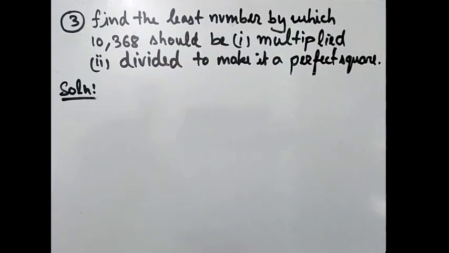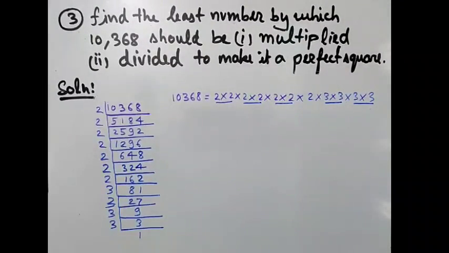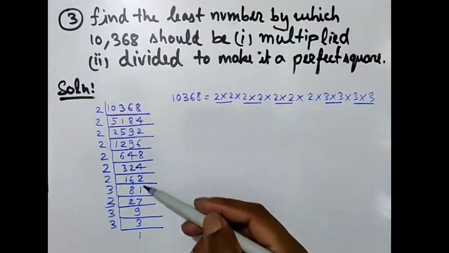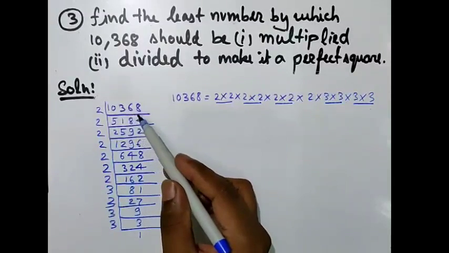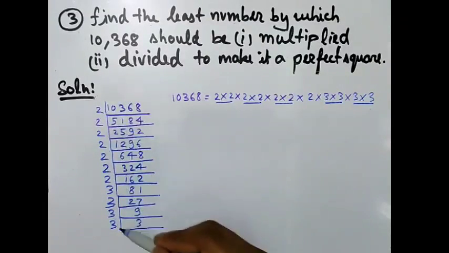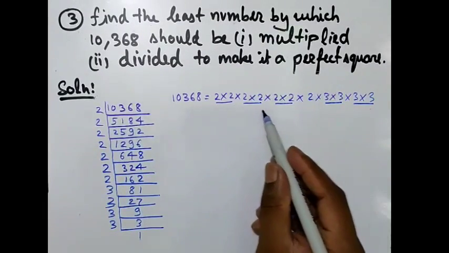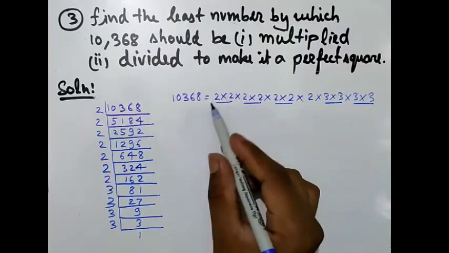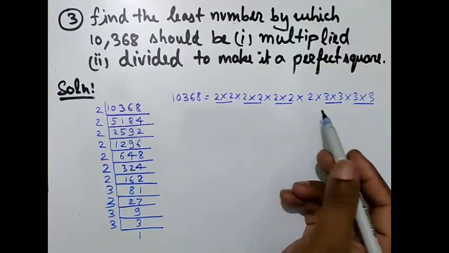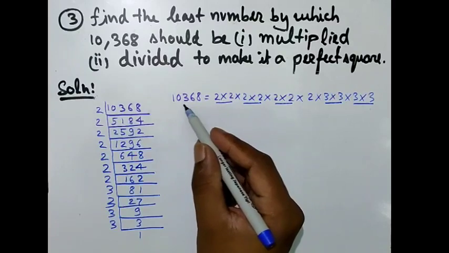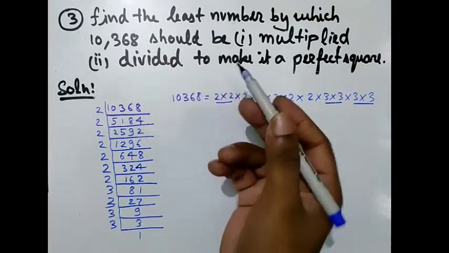Let's take the help of prime factorization. So let's prime factorize 10,368. So now we have found the prime factorization of 10,368 and represented it as a product of primes. Now with the help of this only we can understand which number needs to be multiplied to 10,368 to make it a perfect square.